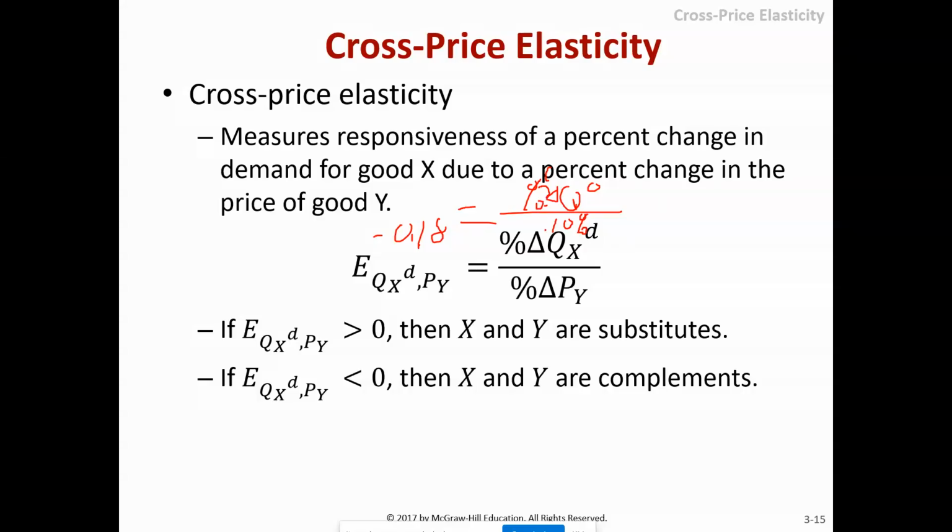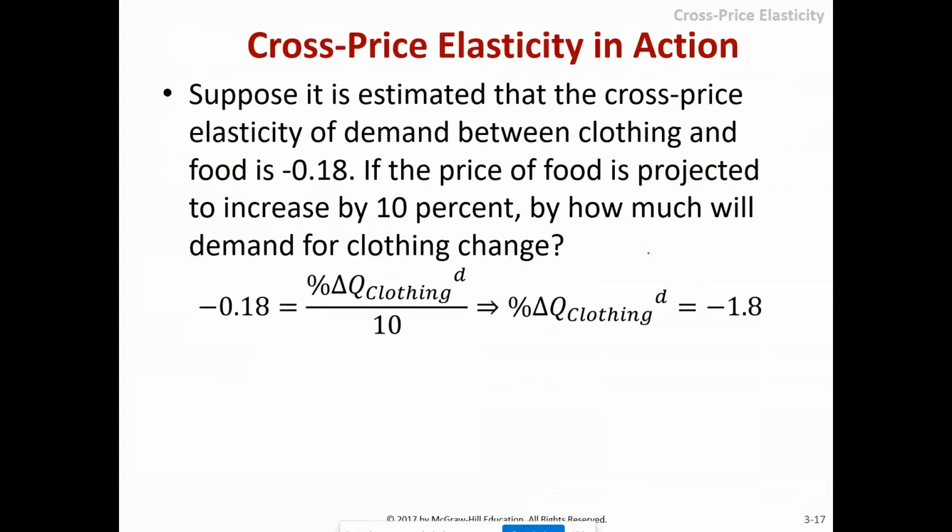Okay, so according to the mathematical rule, we check the product of the cross-price elasticity coefficient and the 10%, and figure out it is negative 1.8. Actually, here you are encouraged to put a percentage sign over here.